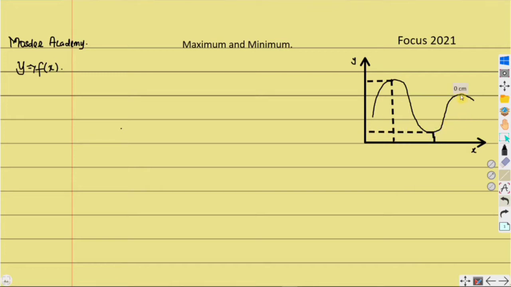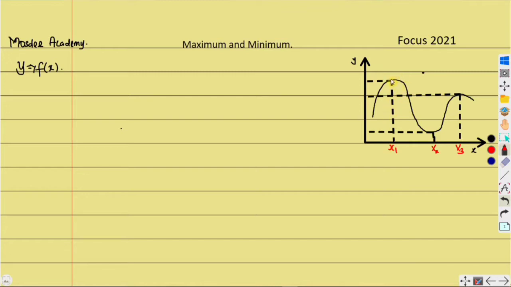You can also consider this point as x3, which gives us another point, y3. So my dear students, what I'm trying to say here is that at different x values, we can have different answers for y.